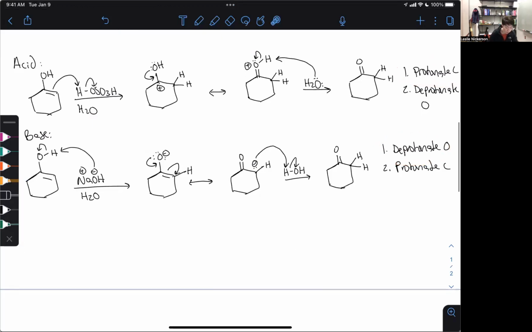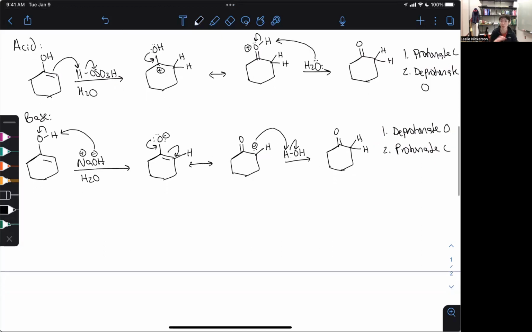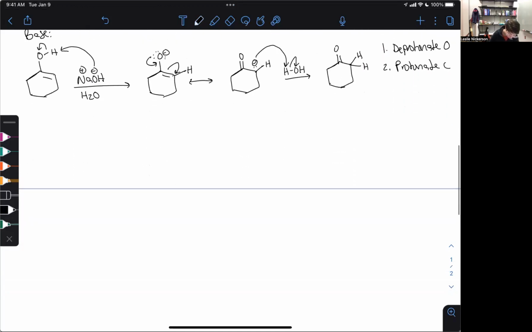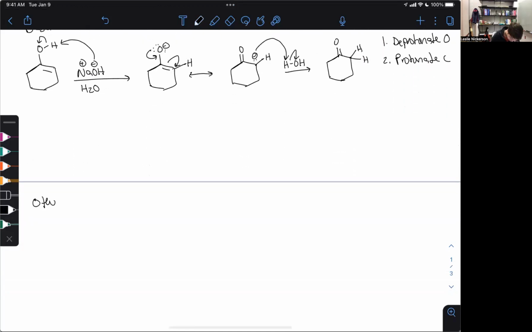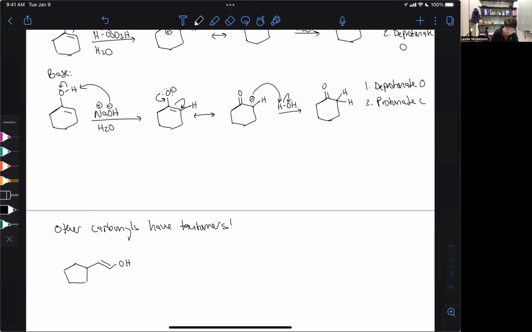Okay, so other carbonyls can definitely do tautomerization reactions, which is kind of what we saw yesterday, which I think was part of what was leading to the confusion there. Okay, so if I have an enol that looks like this, let's just take a second to look at the differences here.